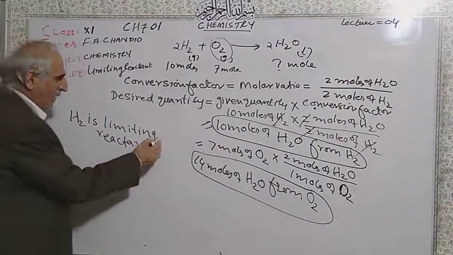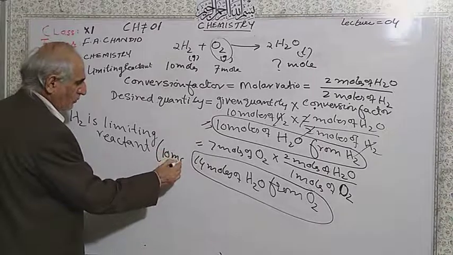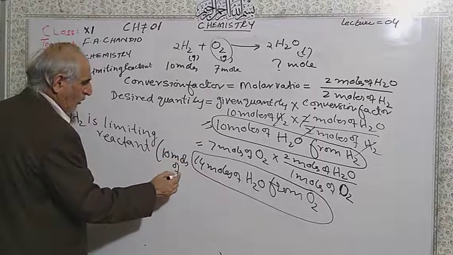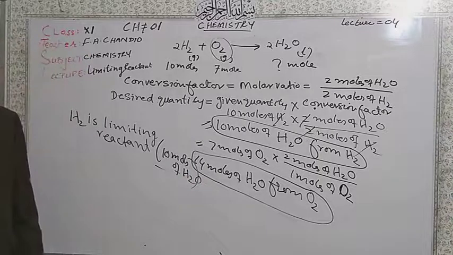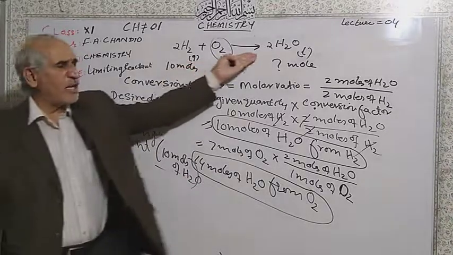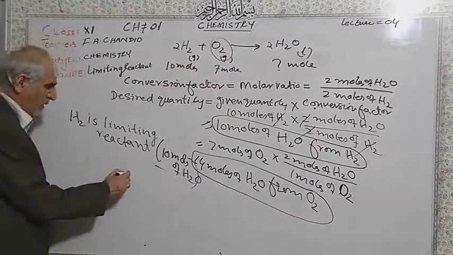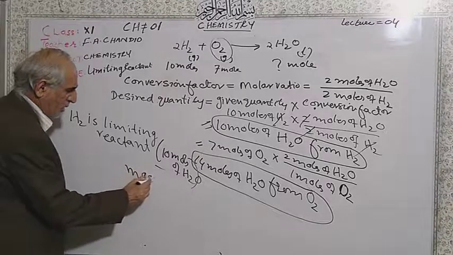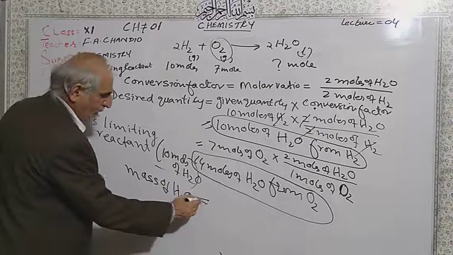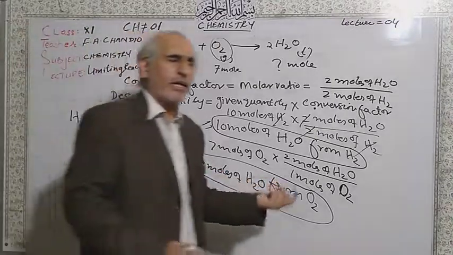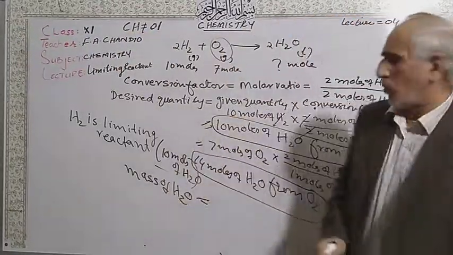So this gives 10 moles of water. 10 moles of water produced here. So you can calculate the mass of water also. It's very simple. Mass of water is equal to, yesterday I told you the formula, and you know from grade 9, moles multiplied by molar mass.